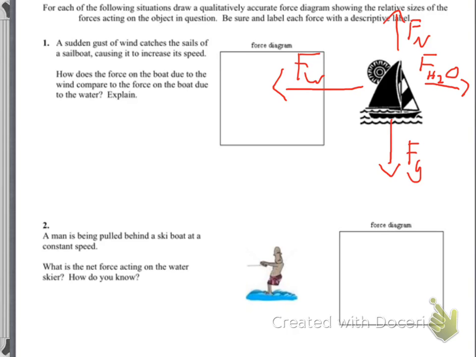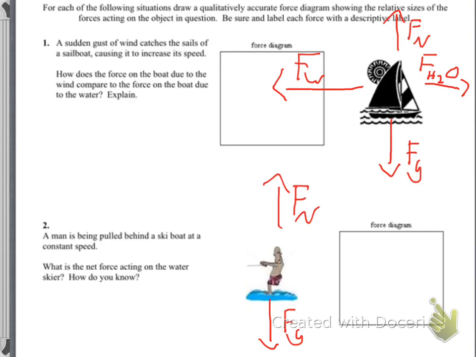Number two, a man is being pulled behind a ski boat at a constant speed. What is the net force acting on the skier? So he's being pulled behind a ski boat at a constant speed. Again, keeping this guy afloat, he's got his force due to gravity, and we've got that normal force of the water.